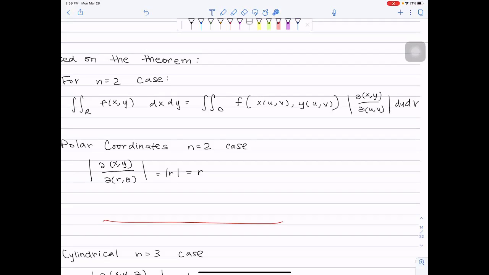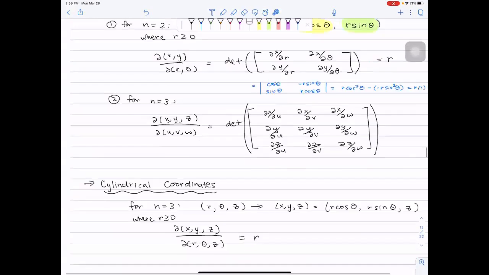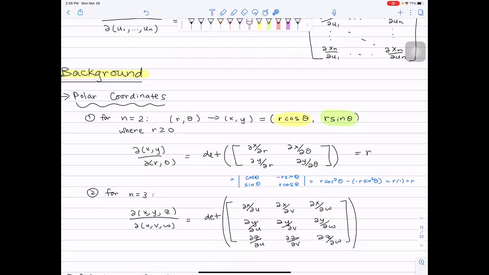So f of r, theta. What is the determinant of the Jacobian? We just calculated that the determinant of our Jacobian was r, right here in purple. That's how this is r. And we just have d of our output, so dr and d theta. Any questions on how I got that?